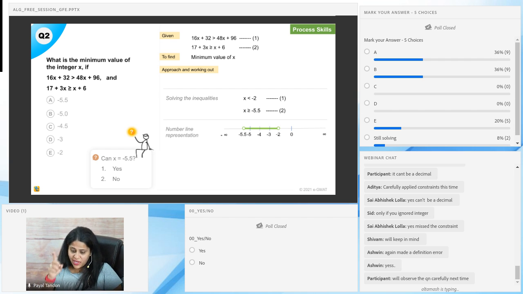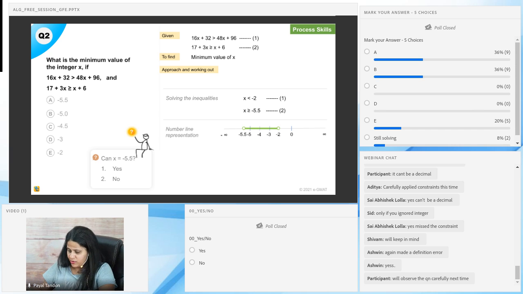Every time you look at a variable, and again constraints are very much applicable in algebra. Why? Because of the logical reason, you're dealing with variables, right? So you have to understand what are the constraints that the system is setting for you. Always make a note of that whenever it's on your scratch pad.